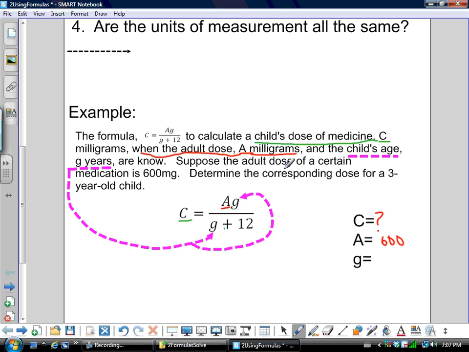The question asks me to find the corresponding dose for a 3-year-old child. So this is the number 3. You can see that this is helpful. I've got my variables listed to the right, and I've gone through the question and pulled out the information.